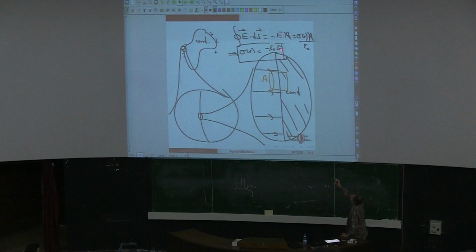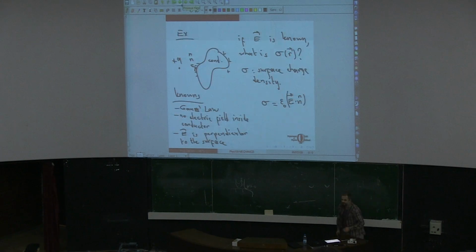So E is the magnitude, minus 1. In this case, n is pointing outward, electric field is pointing inwards. So theta is 180. Cosine of 180 is minus 1. It's just a fancy way of writing that minus 1.